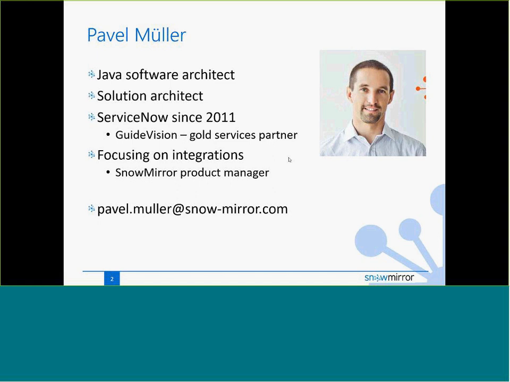We are the biggest independent ServiceNow partner in Europe. We've got more than 110 consultants, based here in Prague, Czech Republic. SnowMirror is actually one of our products. Not only services like ServiceNow implementation, but we've also got some smaller products, and I am the SnowMirror product manager as well.